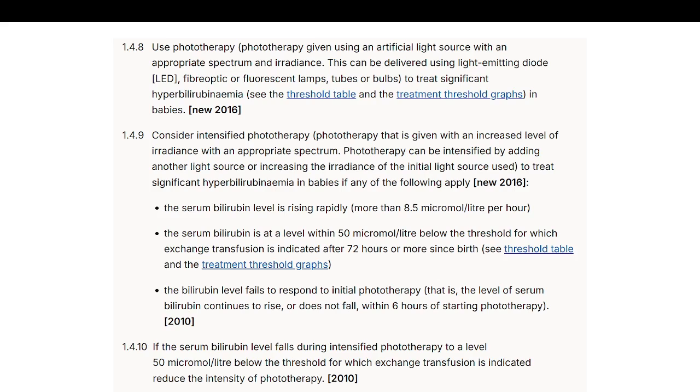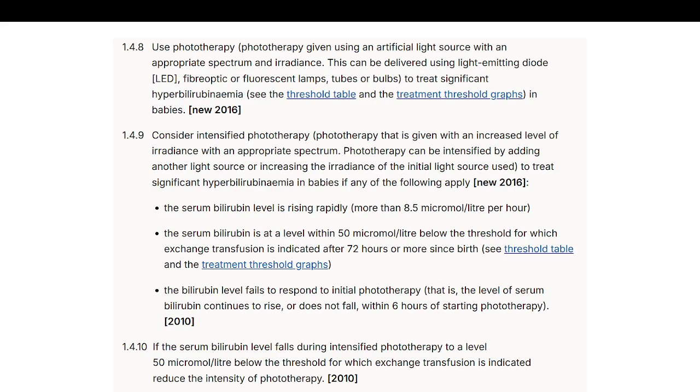So if you had a baby and you did their original serum levels and you repeated it again in 2 hours' time, and if it was more than 17, you would be thinking that it's more than 8.5 micromoles per liter per hour.